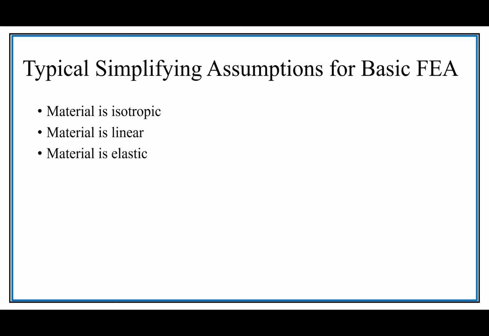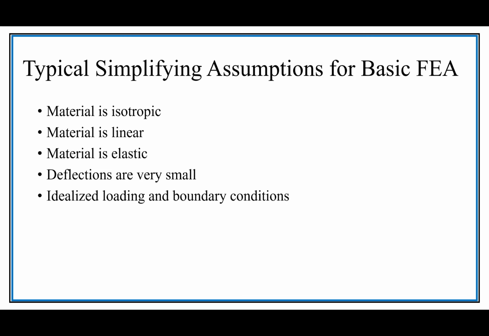Also, it's elastic. That's really related to the linear range. We haven't surpassed the yield strength, basically, is what we're saying there. Deflections are very small, so we've already seen with one of the analyses that I did with FEA, the solver said that we had geometric nonlinearity because we had large displacements.